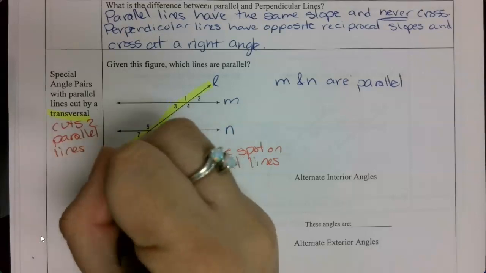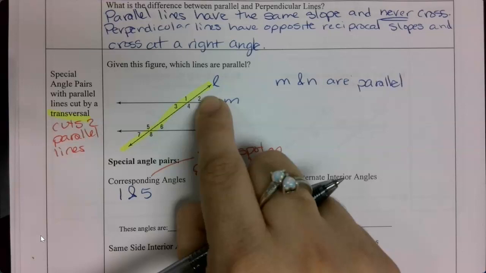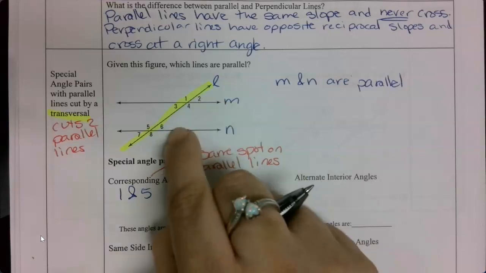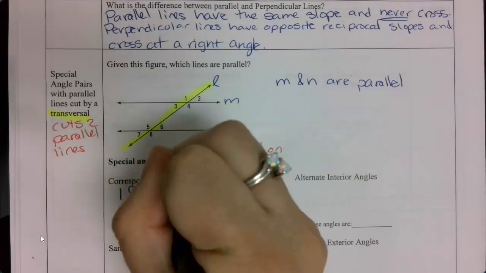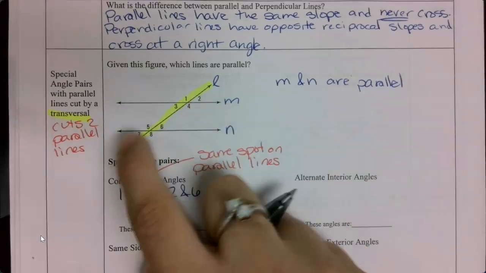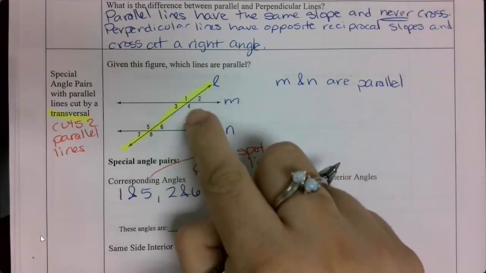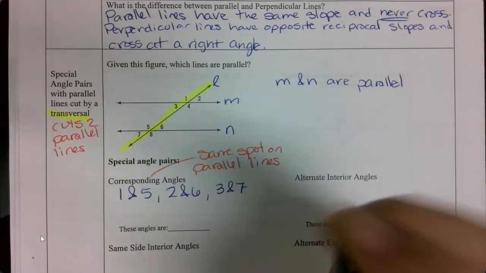So 1 and 5 are corresponding, because those are in the same spot. And then 2 is in the top right, 6 is in the top right of the M, so 2 and 6 are corresponding. Then I have 3 in the bottom left, 7 in the bottom left, and then 4 in the bottom right, and 8 in the bottom right.